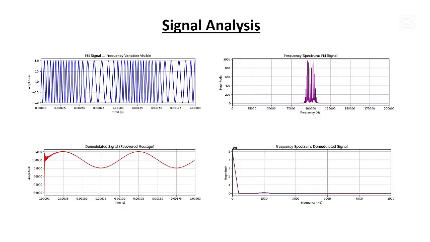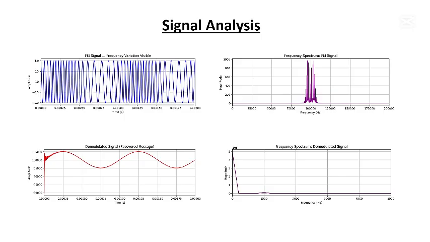Similarly, in demodulation, where we have the low frequency, we will obtain a low amplitude, and if we have the higher frequency, like here, we will have the higher amplitude.